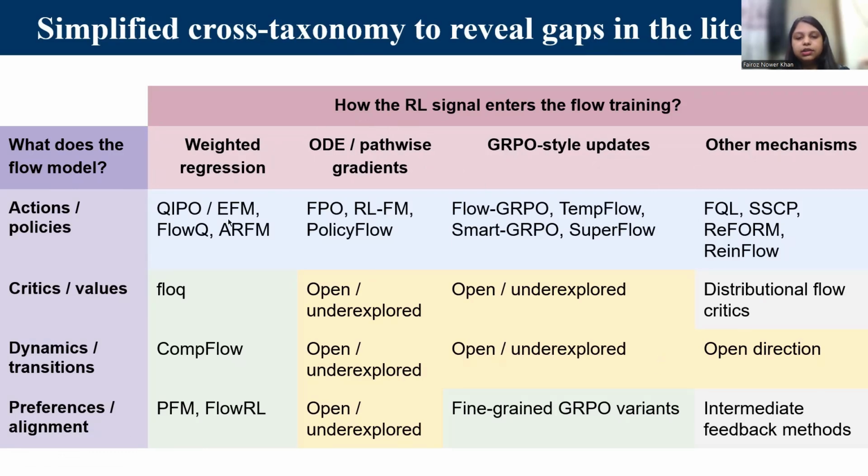Most current work uses flow matching for modeling actions or policies, and directions that are less explored include flow based critics, dynamics models, and GRPO style optimization beyond policies. The yellow cells here highlight these potential research directions.